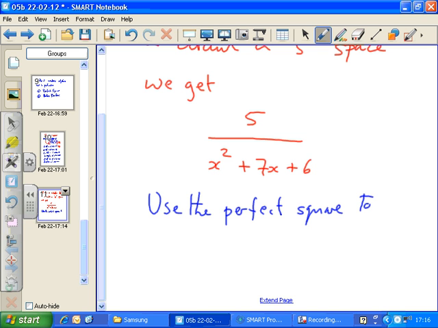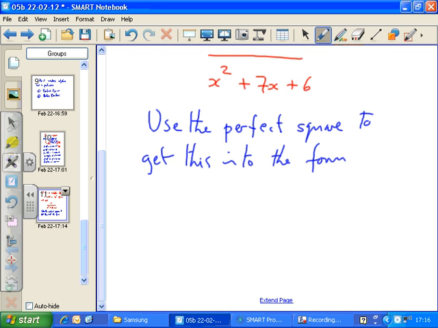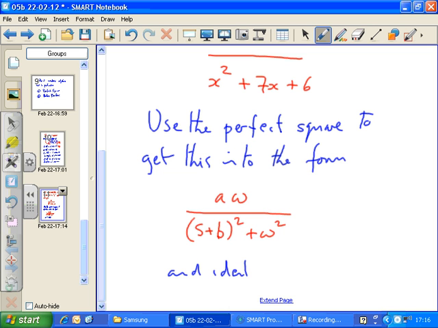Use the perfect square to get this into the form A omega over s plus B squared plus omega squared, and then identify A, B, and omega.